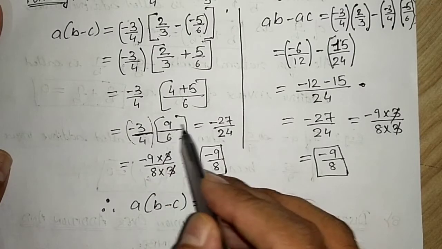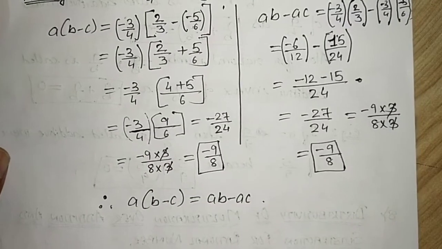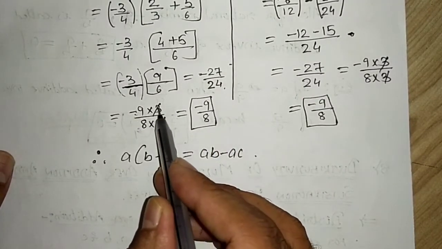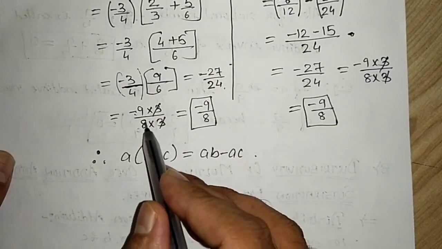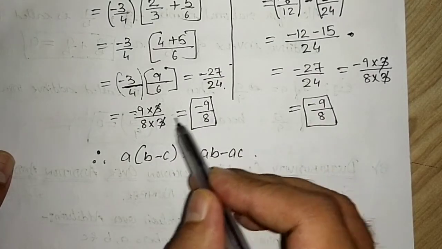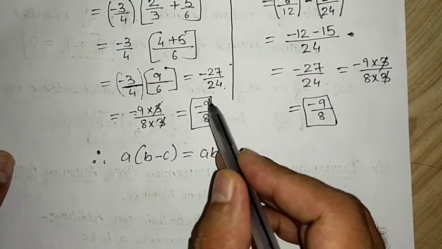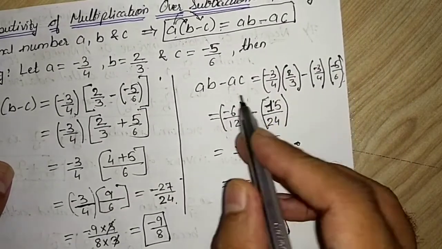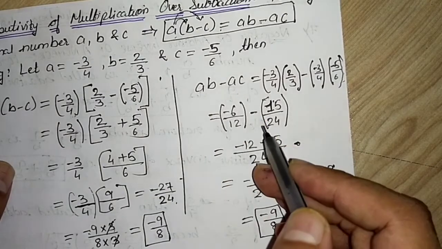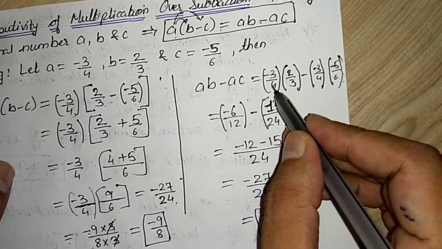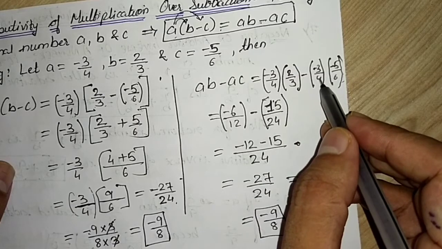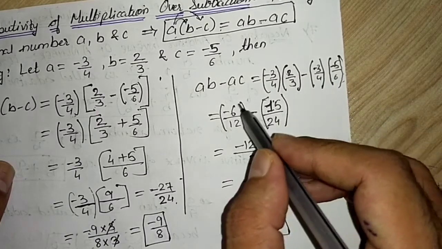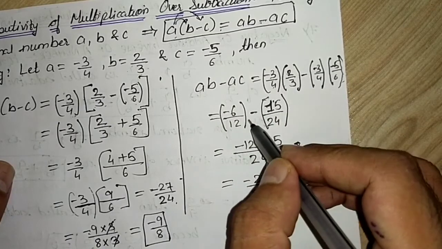So I get minus 27 by 24. Minus 27 by 24 I can write as minus 9 into 3 over 8 into 3, 3 cancels out, so I get minus 9 by 8. Now the same way, ab minus ac, let us see what it gives. First I multiply a and b, then subtract a into c. So a into b is minus into plus is minus, 3 twos are 6, 4 threes are 12.